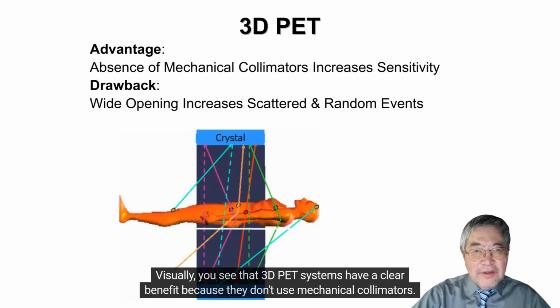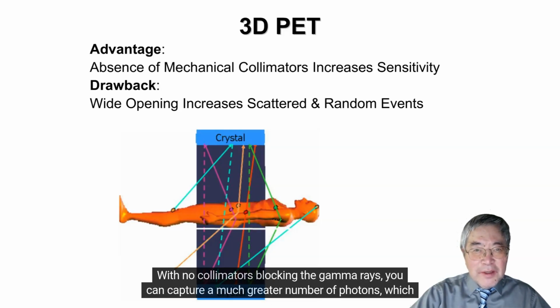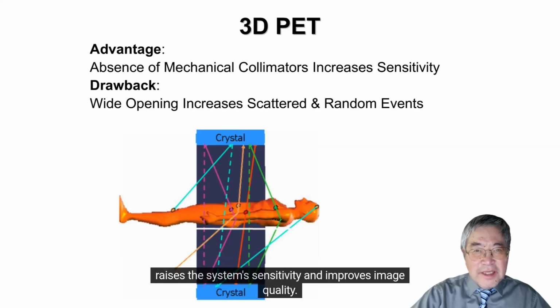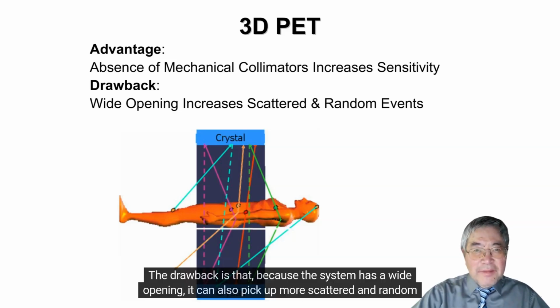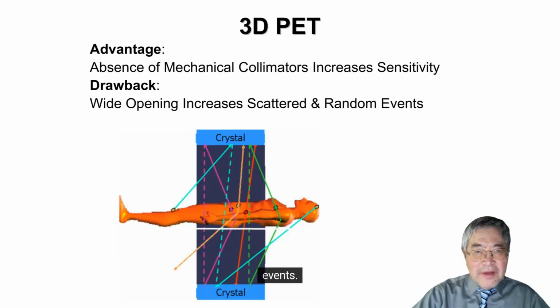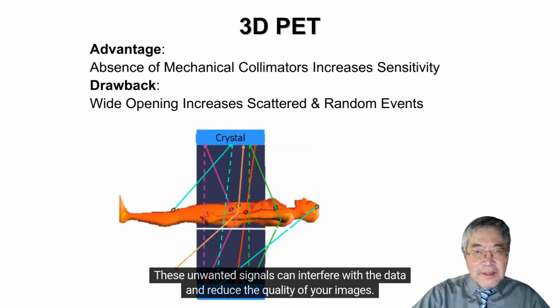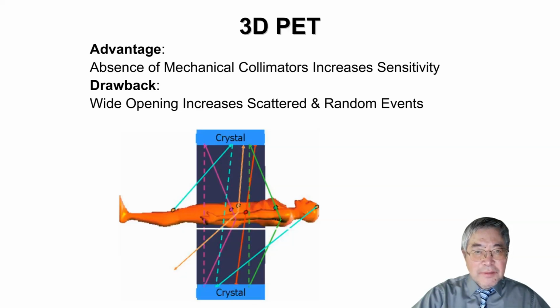Visually, you see that 3D PET systems have a clear benefit because they don't use mechanical collimators. With no collimators blocking the gamma rays, you can capture a much greater number of photons, which raises the system's sensitivity and improves image quality. The drawback is that, because the system has a wide opening, it can also pick up more scattered and random events. These unwanted signals can interfere with the data and reduce the quality of your images.